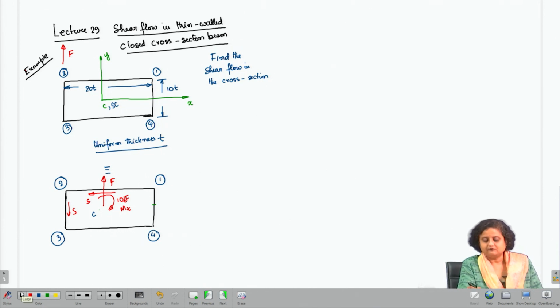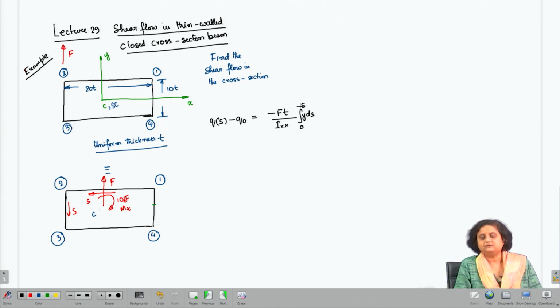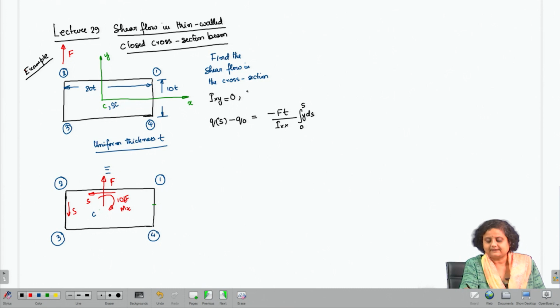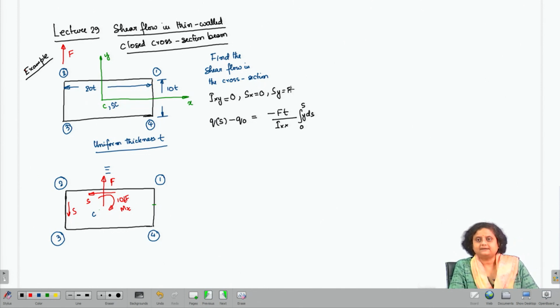And we have seen from our earlier expressions that q_s minus q_0 is going to be minus F by t Ixx into y ds, since Ixy is equal to 0, Sx is equal to 0 and Sy is equal to F. So, we would only need Ixx as the sectional property that needs to be evaluated.